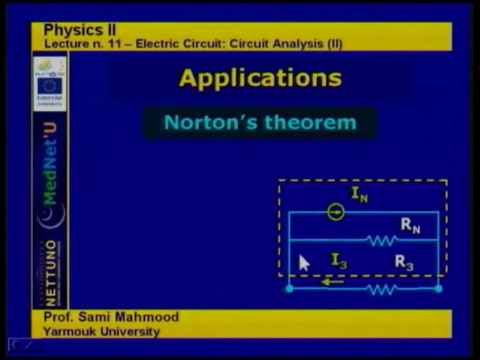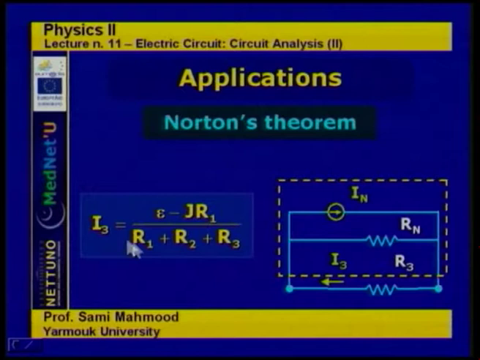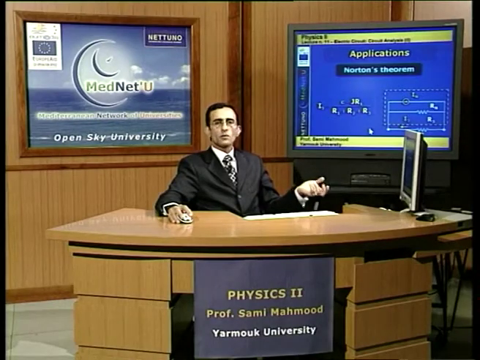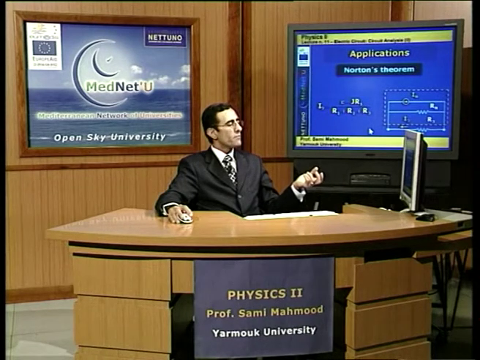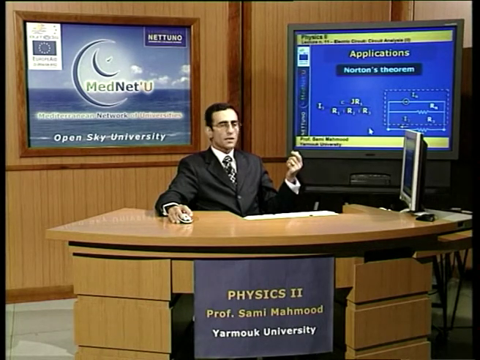And this is the Norton equivalent, a current generator providing IN in parallel with a resistor RN, and we have R3 as the load, and determine I3 across the load. I3 is thus equal to epsilon minus JR1 over R1 plus R2 plus R3, which is exactly the same result that we obtained from the Thevenin equivalent.